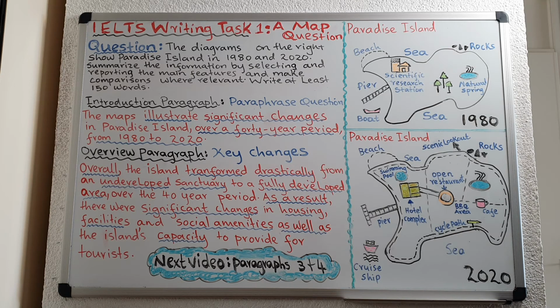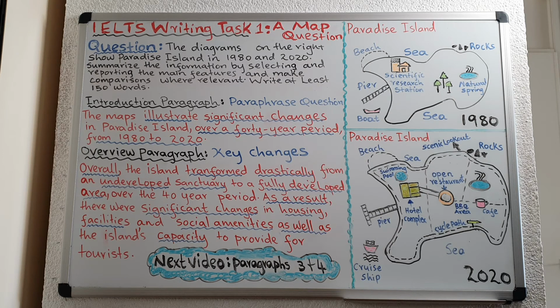As a result, now that's a linking word, as a result, comma, there were significant changes. Now, significant means drastic changes. Drastic means major changes. There were major changes. In regards to what? What are the key changes?